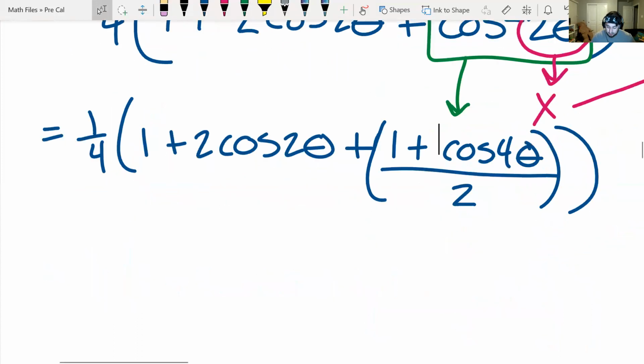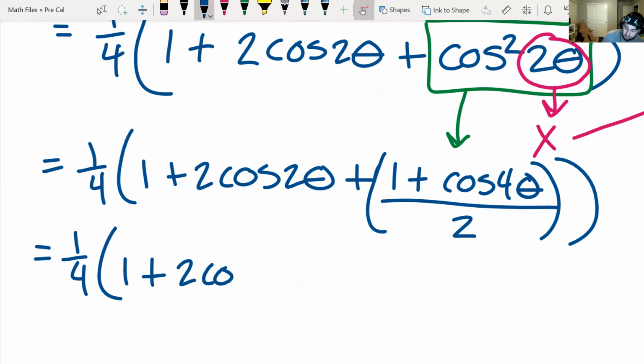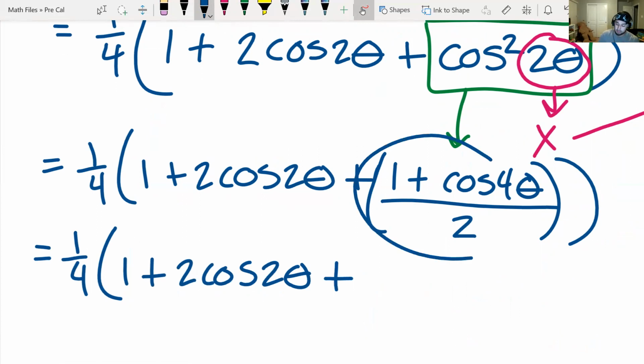Okay, still cleaning up. I now get 1/4 times 1 plus 2 cosine 2 theta plus, I am now going to take this fraction and split it into 2.